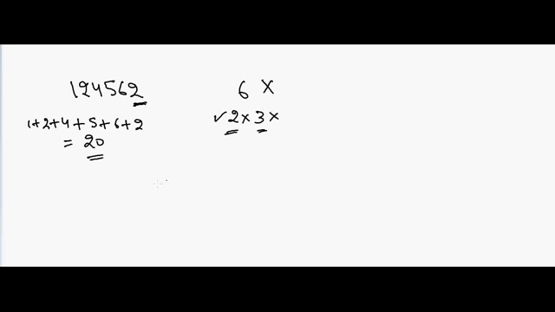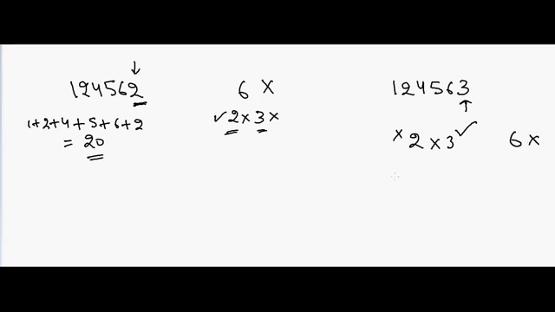But how can we modify this? We can modify this by adding one more number. If I add one more number here, then it will become 1 2 4 5 6 3. It is divisible by 3 but not by 2. So still, if we talk about 6, it will not be divisible by 6.